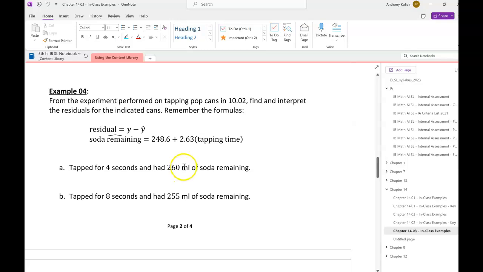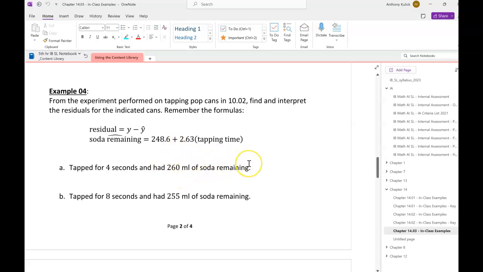It's literally just 260 minus 4 plugged into the equation. That's it. So 260 minus the result of when we plugged 4 in here. So minus prediction. Should it get positive 0.88? That's good.